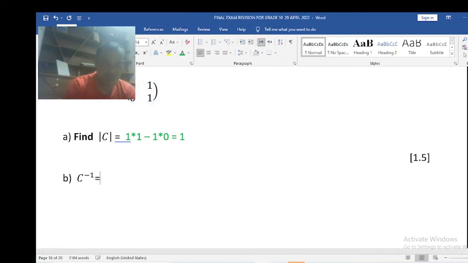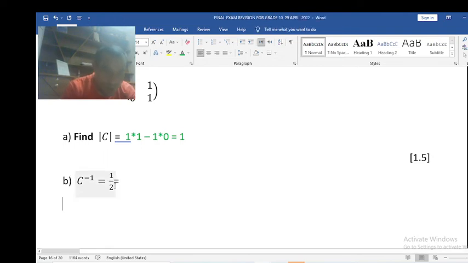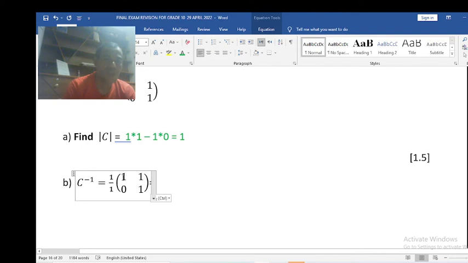So equals, just a moment, 1 divided by 1, multiplied by the matrix. Then I should change here.